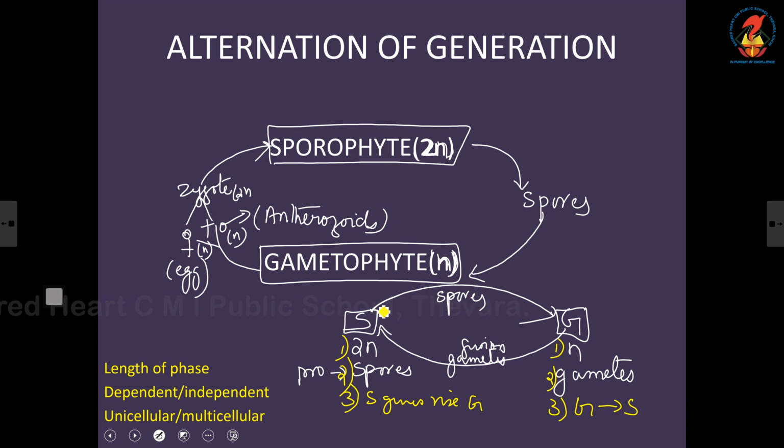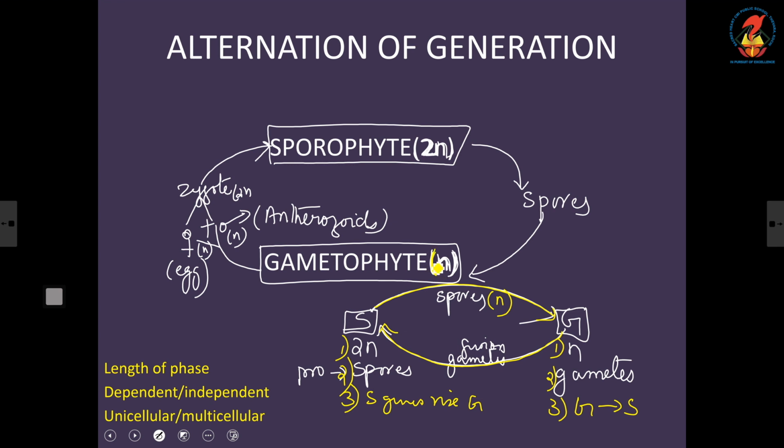And remember how the sporophyte gives rise to the gametophyte? With the help of spores, and spores are N, haploid, and the gametophyte gives rise to the gametes, which develop into the sporophyte.